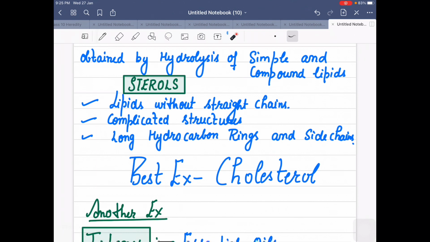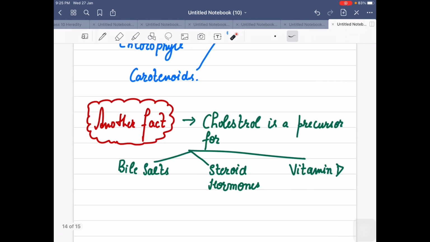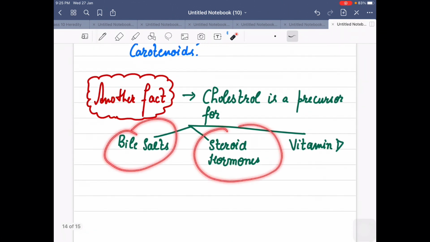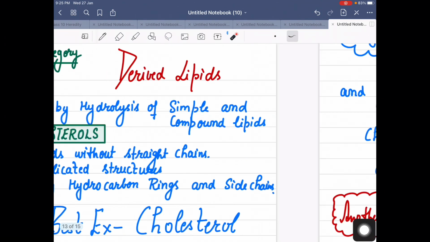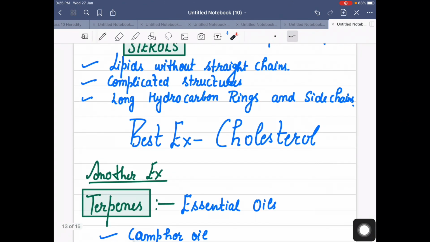Cholesterol is a very good source for bile salts, for making steroid hormones, and for the formation of vitamin D. We call it the main precursor for the formation of bile salts, steroid hormones, and vitamin D.